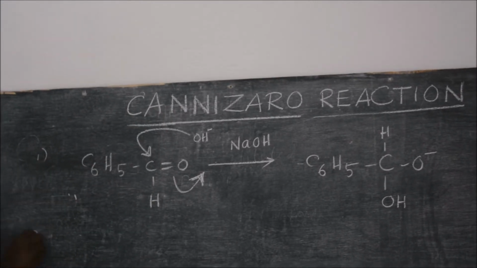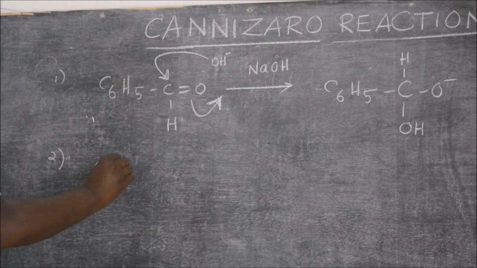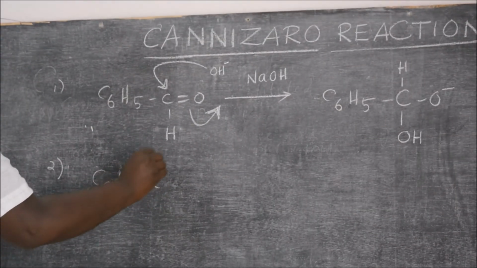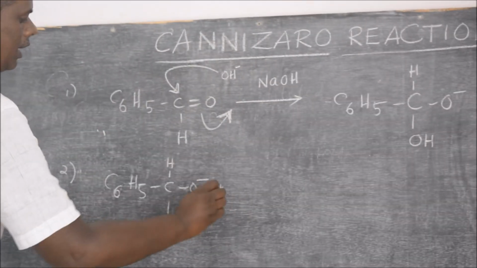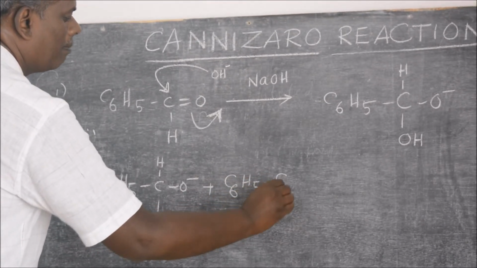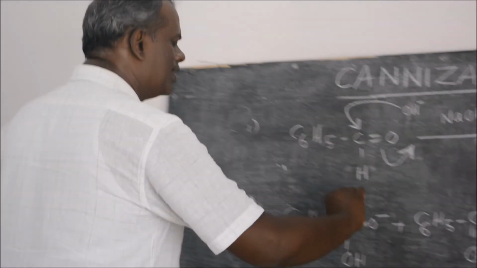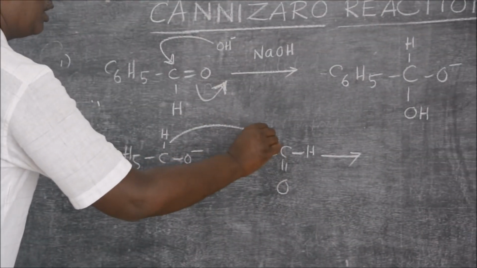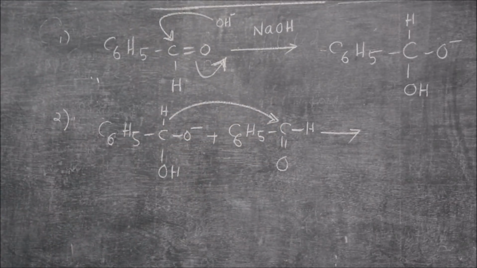Step number 2, take the product as your reactant, C6H5CH(O minus)OH, and take the first molecule of benzaldehyde, C6H5CHO. This is stage 2. We can extend an arrow like this. The arrow denotes that this hydrogen is shifted to the carbon.